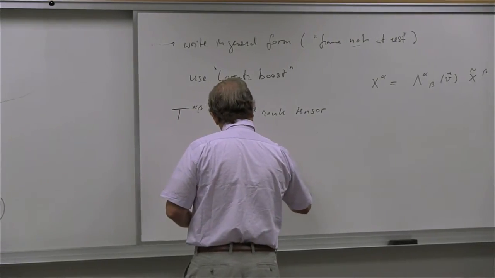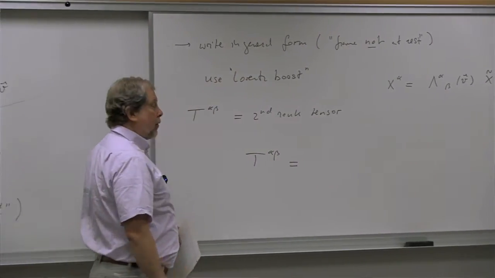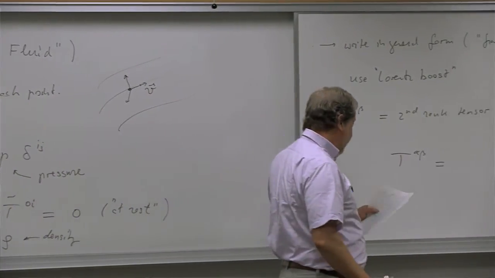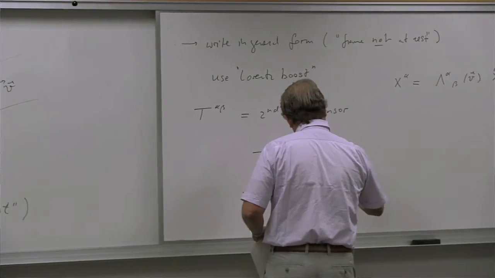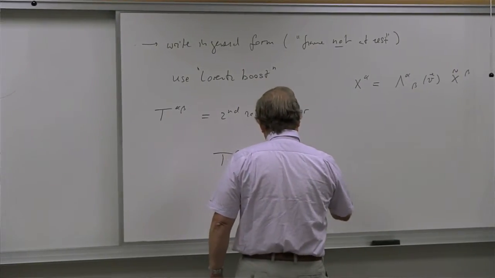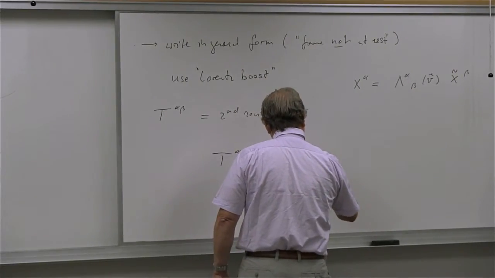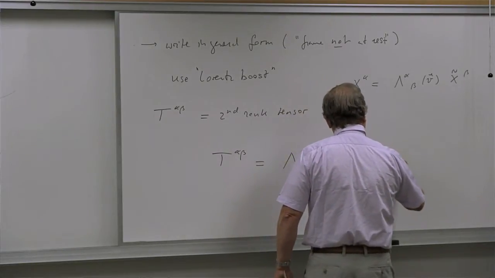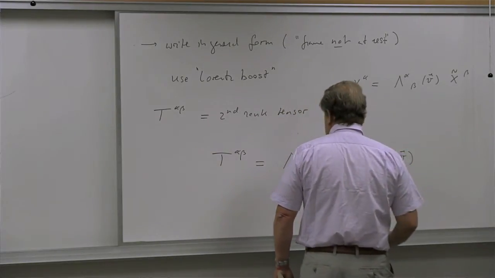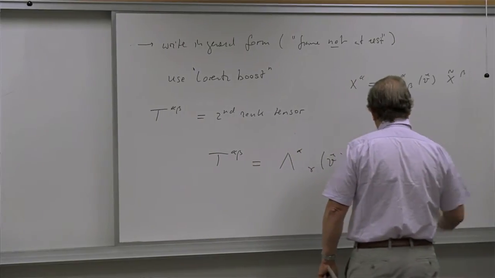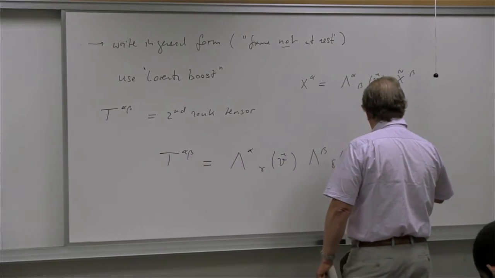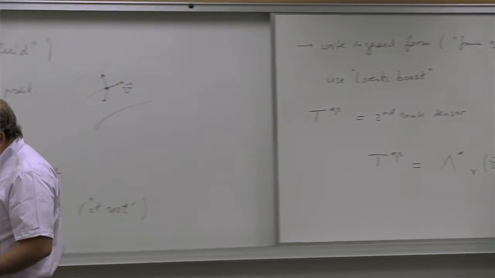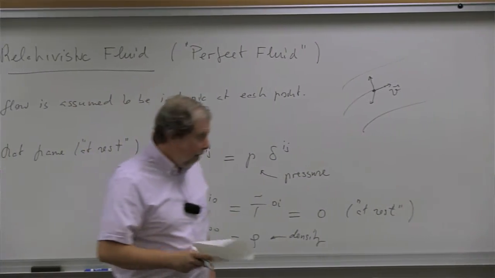So in other words, T^αβ is going to be equal to Λ^α_γ(v) and then Λ^β_δ(v) times the original T̃^γδ, which is the one we have over on this side.